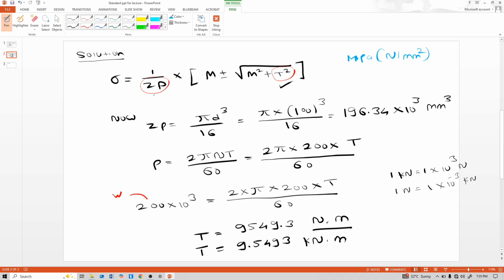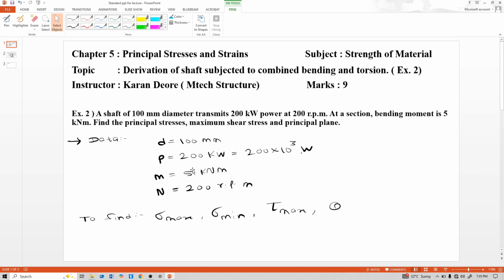So this Zp is in mm cube, and this torque is in kilonewton meter, and this moment is also in kilonewton meter.